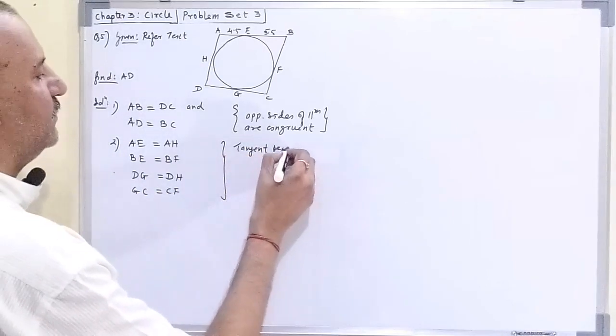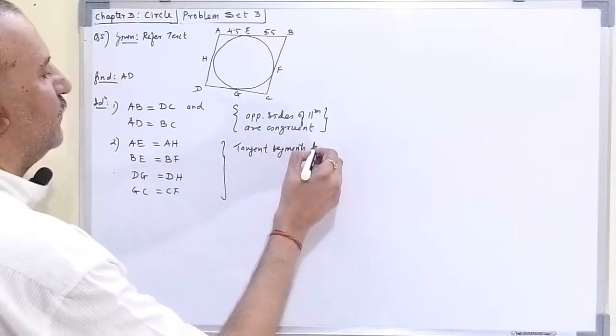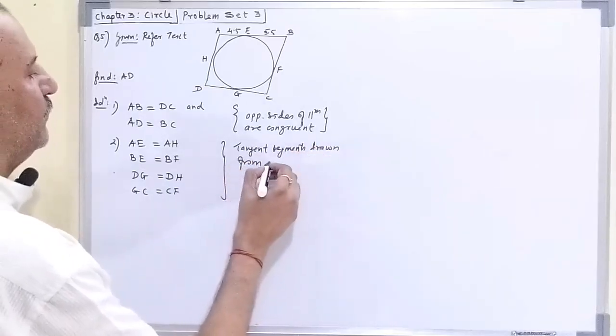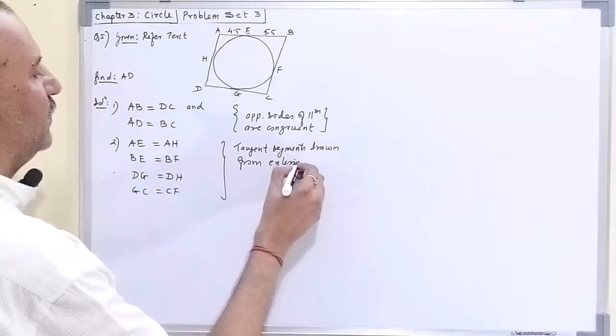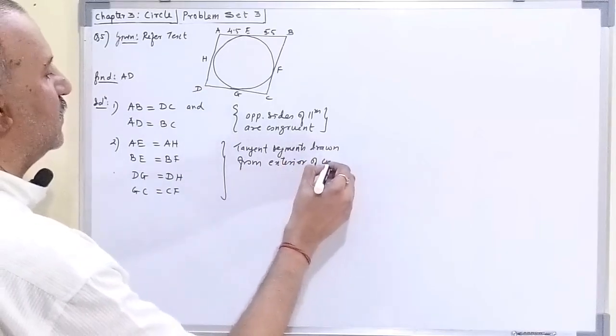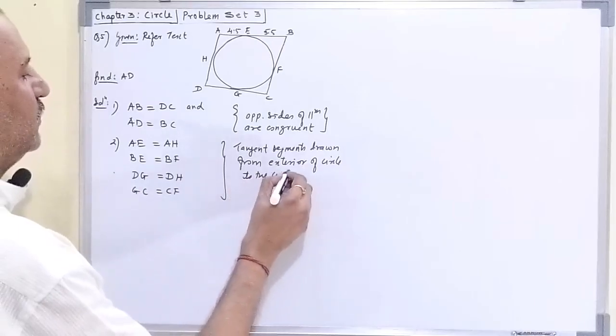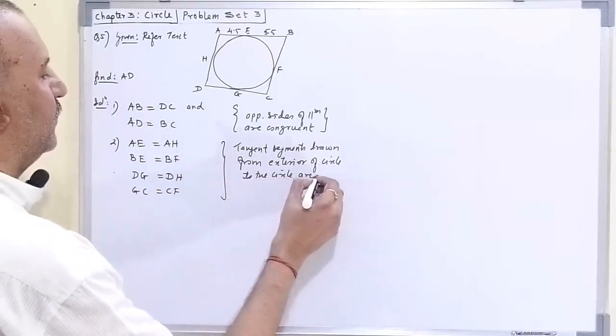Tangent segments drawn from the exterior of the circle to the circle are equal.